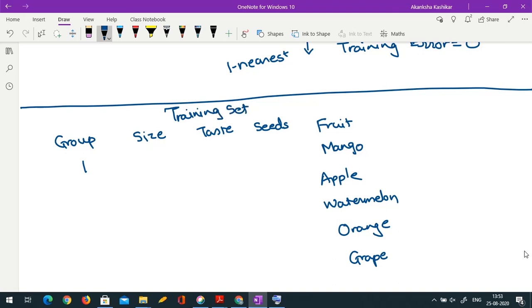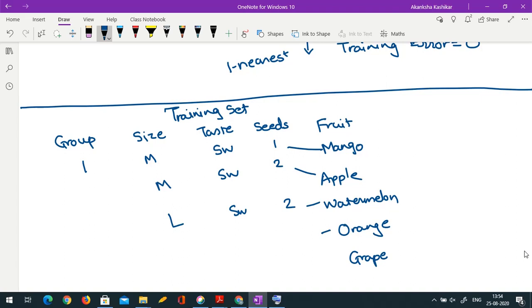For mango, size is medium, taste is sweet, and number of seeds is 1. For apple, size is medium, taste is sweet, number of seeds is multiple, so let me say 2. 2 here means multiple, not necessarily 2. For watermelon, size is large, taste is sweet, and number of seeds is again multiple.